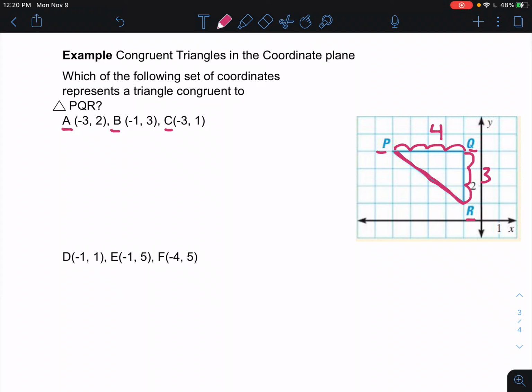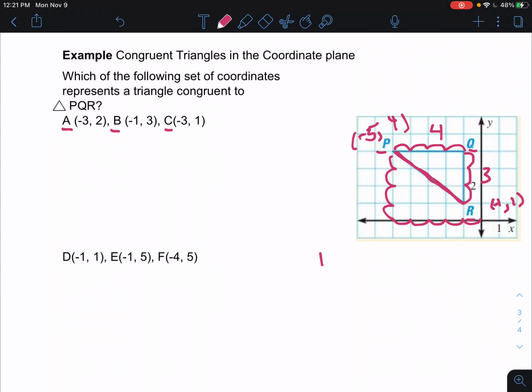So, using the distance formula, R is at negative 1, 1, and P is at negative 5, 4. All right, I'm going to use the distance formula to figure this out.